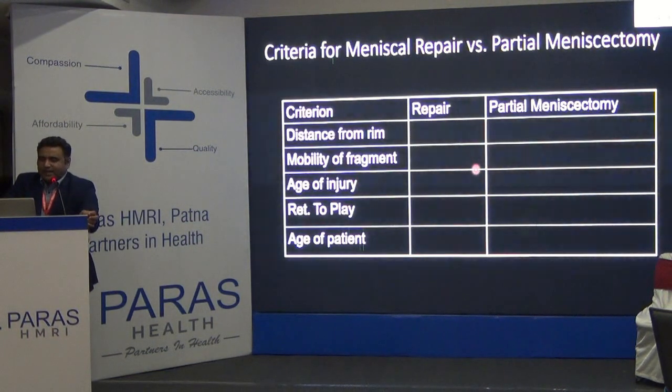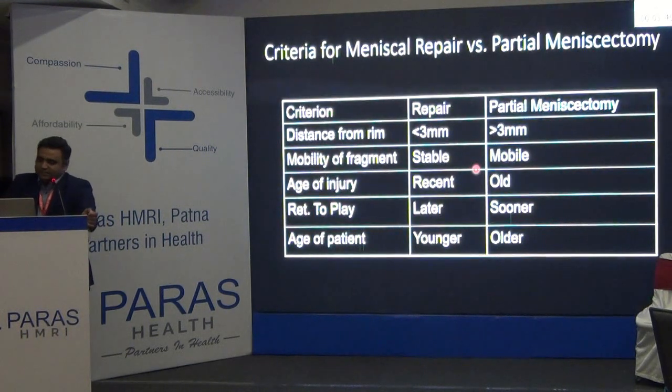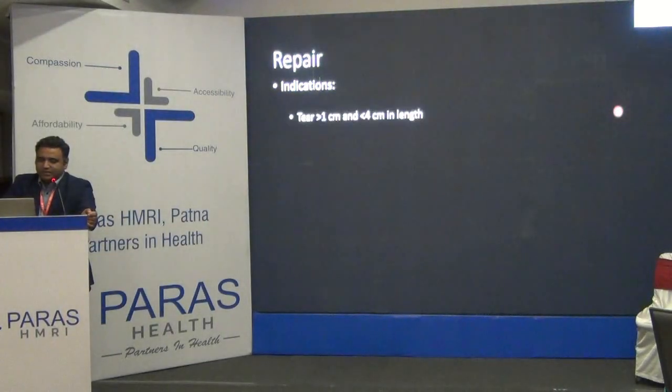When you look at the criteria for meniscal repair versus partial meniscectomy: a tear less than 3 mm, stable, recent injury, a patient willing to return to sports later, and a younger patient can be managed with repair. But if the patient doesn't fit this zone, they may need partial meniscectomy.